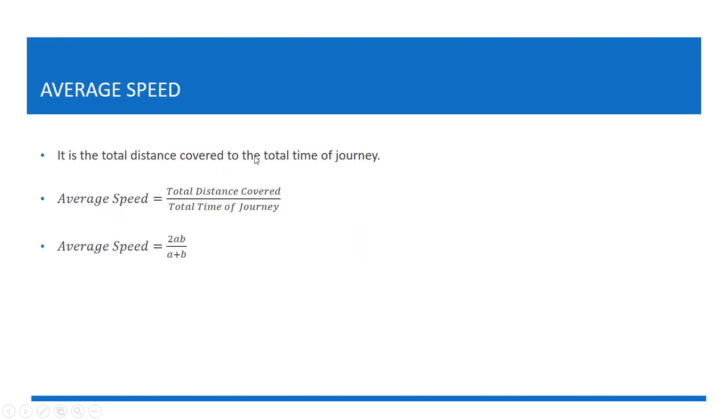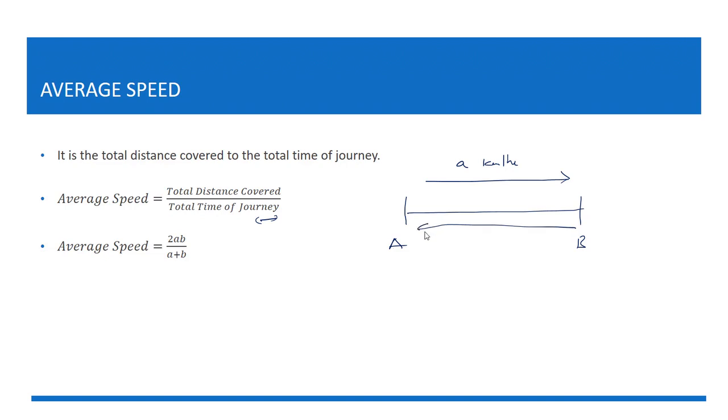Let us go with the next one, which is called the average speed. It is the total distance covered by the total time of journey. That is, average speed is equal to total distance covered divided by total time of journey. Now, say you want to travel from A to B at a speed of A kilometer per hour, then you come back again to A at B kilometer per hour.